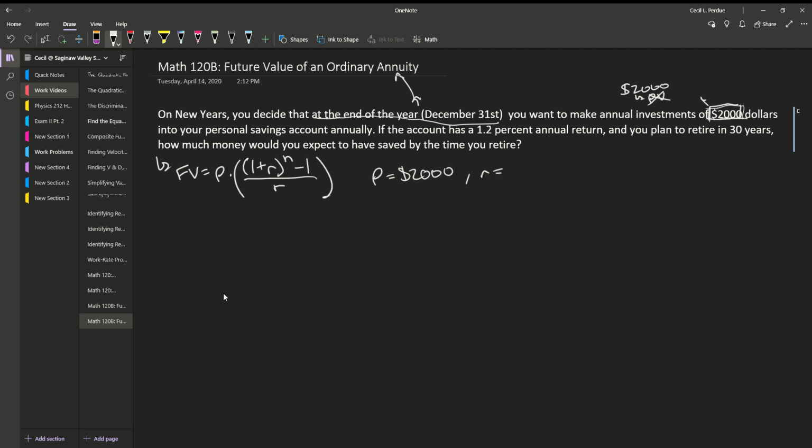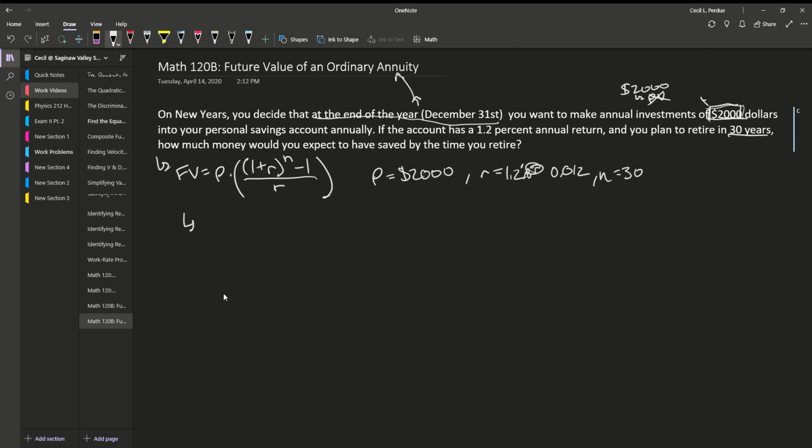We know that the percentage that we get in return is 1.2, or that the actual return in decimal is 0.012, and then we know that the number of periods is equal to 30 because we retire in 30 years.